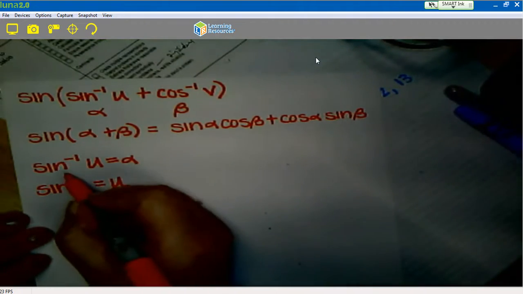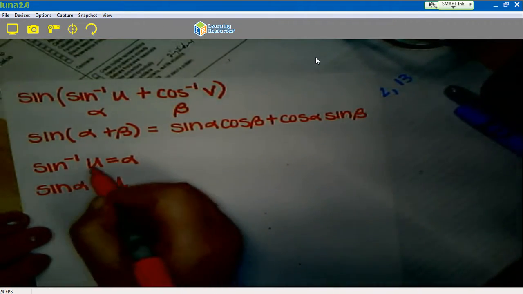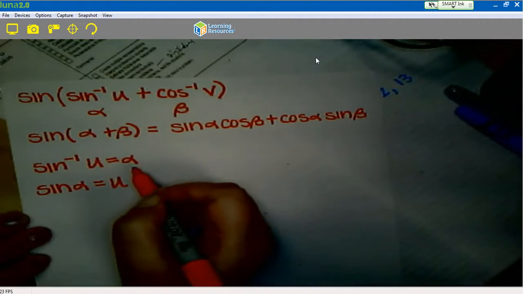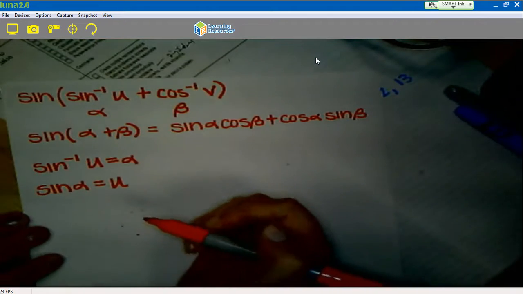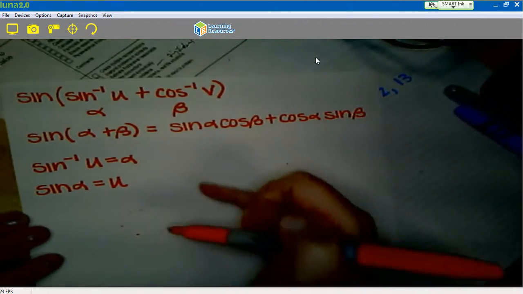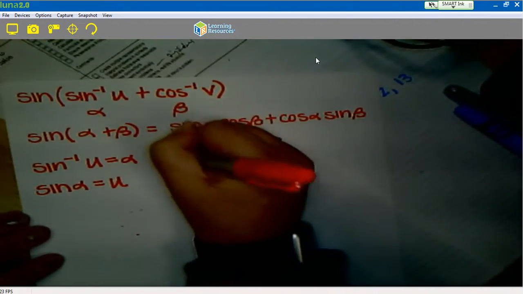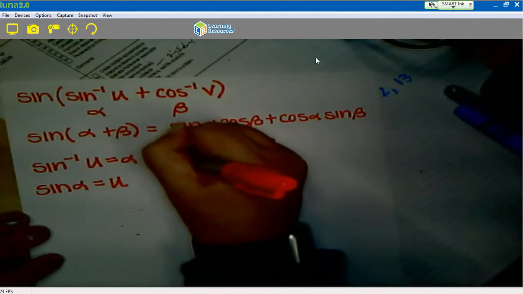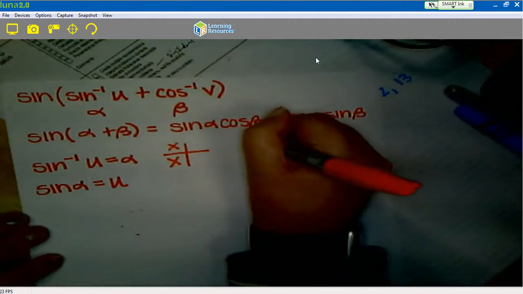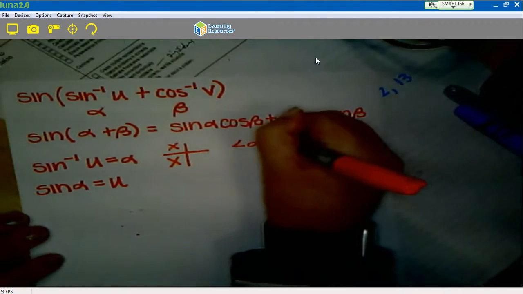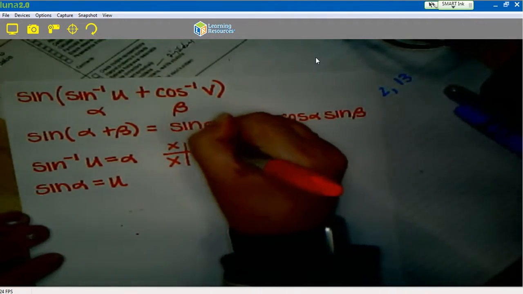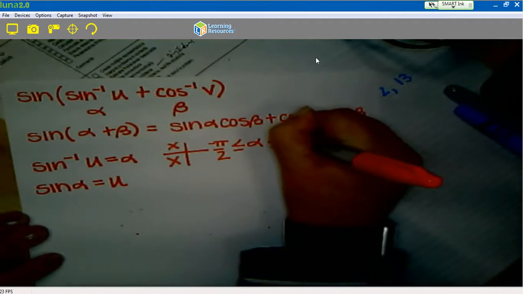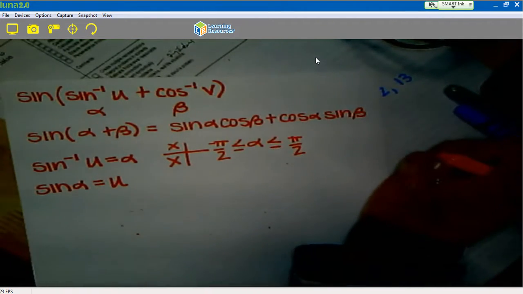So we know that when we do our inverse function, we are restricted to quadrants 1 and 4. So that means that alpha has to be between negative pi over 2 and positive pi over 2.